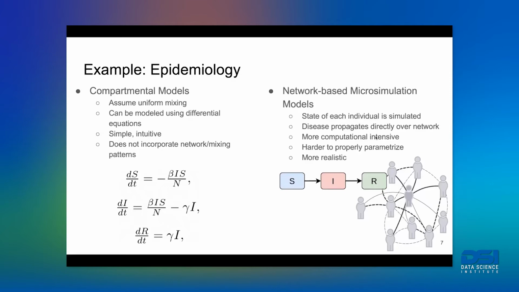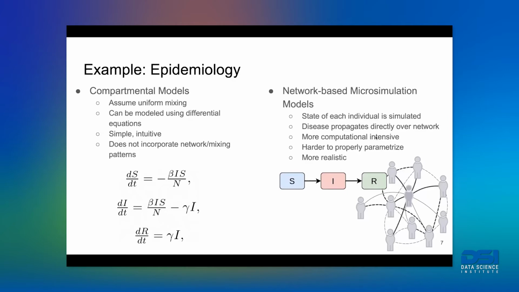Then for every single node you would have a state, and you can have a state transition from S to I if an I node is in contact with an S node, and you flip a coin to see if that person actually gets sick. You can do what's called a network-based microsimulation to model this. This is a much more flexible class of models, so naturally you could do a better job capturing reality. But the flip side is that it's harder and more computationally intensive.